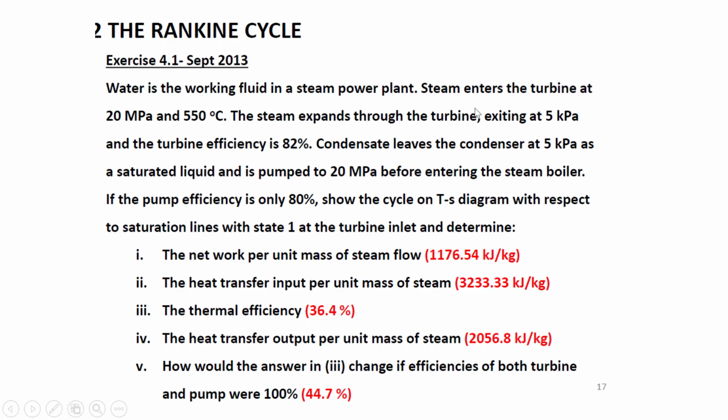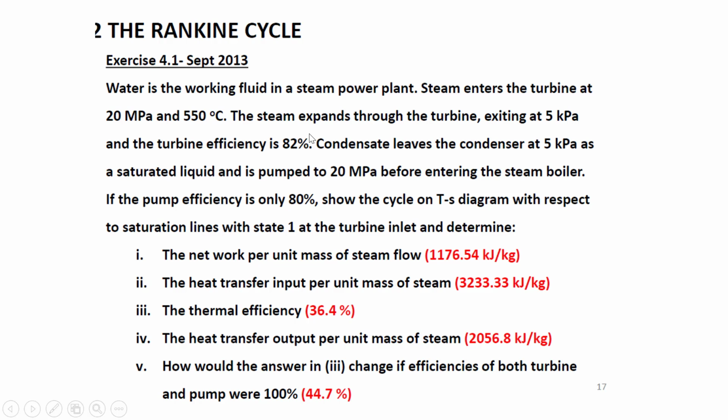Kita tengok balik. Okay, steam enter the turbine at 20 megapascal and 550 degree Celsius. Okay, apa-apa nak masuk dalam turbine, kita consider dia superheated. Okay, the steam expand through the turbine, exiting at 5 kilopascal and the turbine efficiency is 82%.